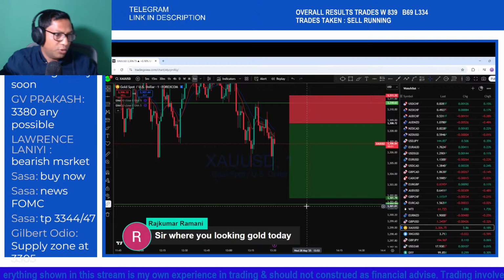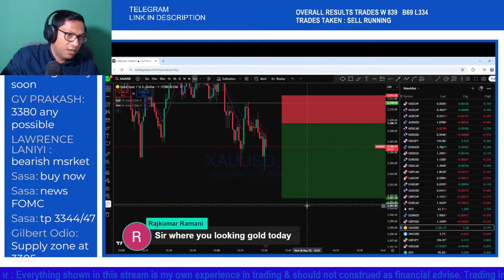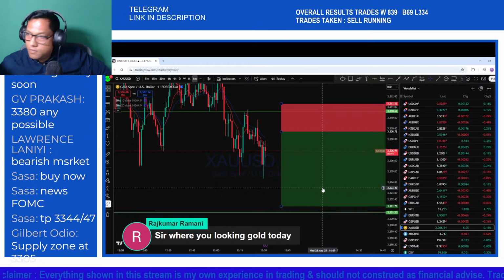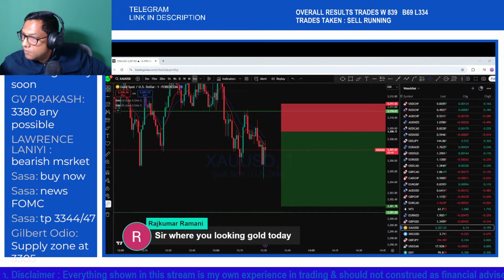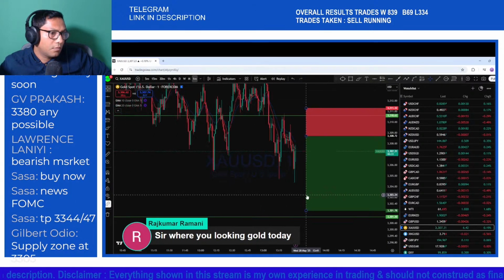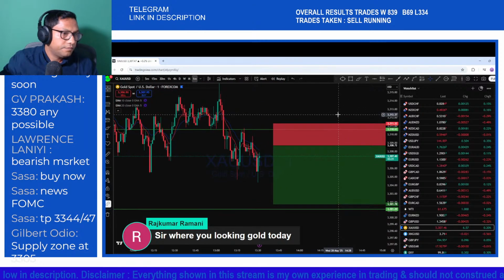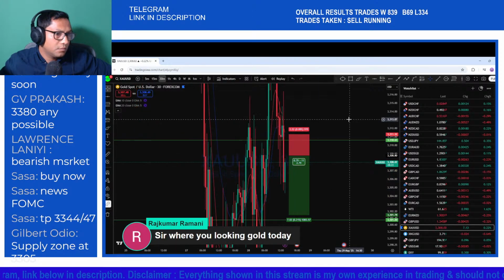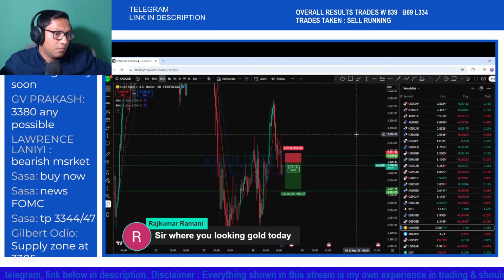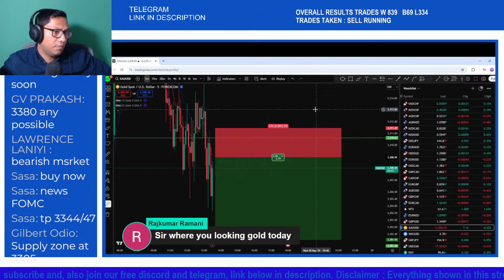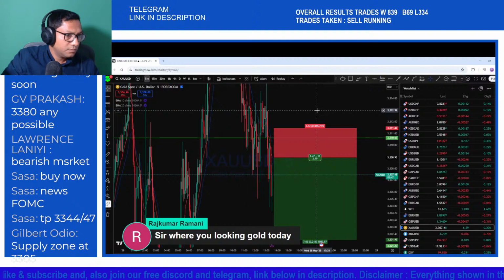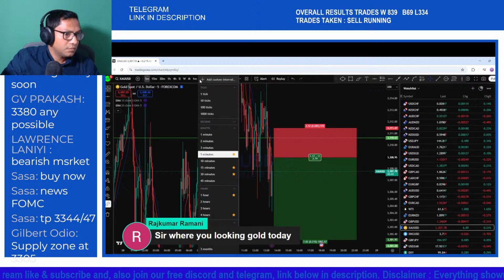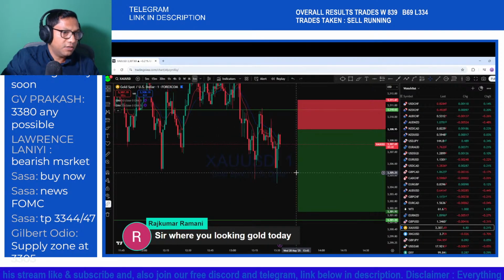So you see that it is potentially coming down, holding on to that, and then the 1 minute candle closing.